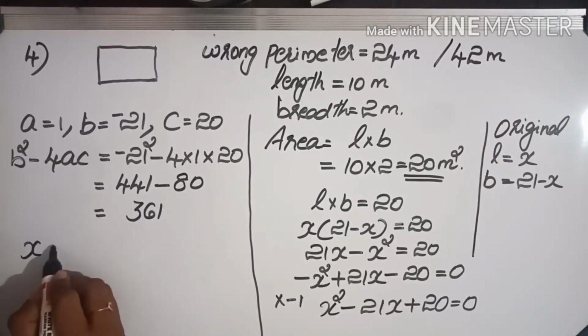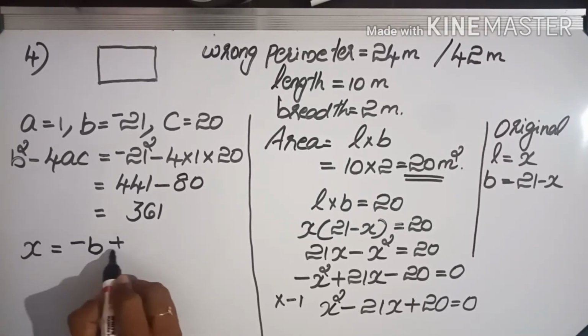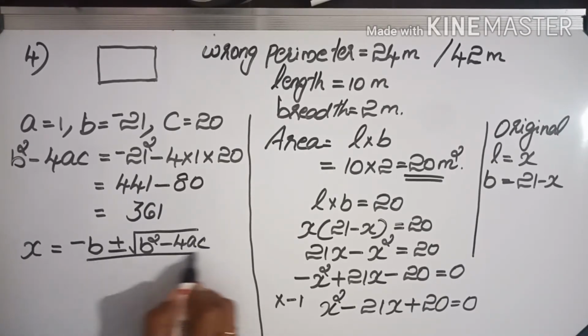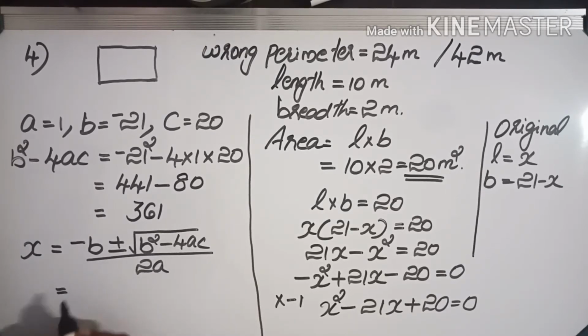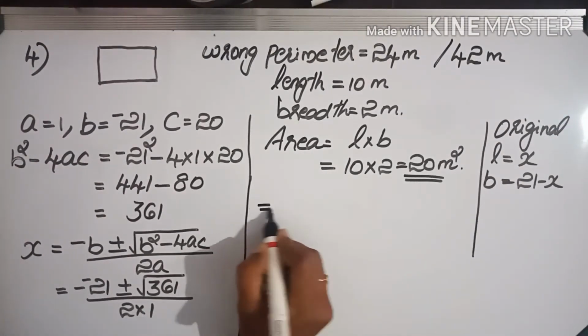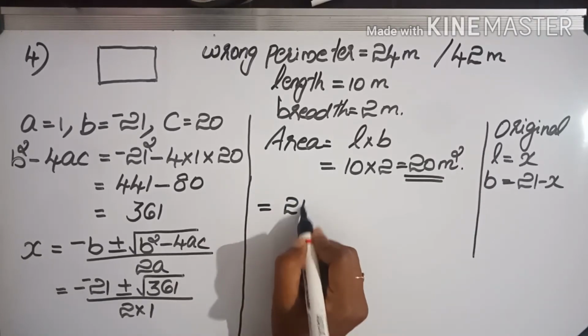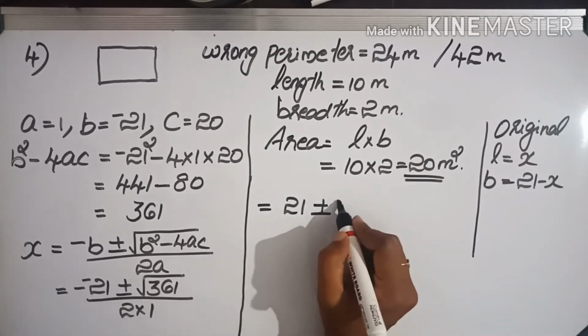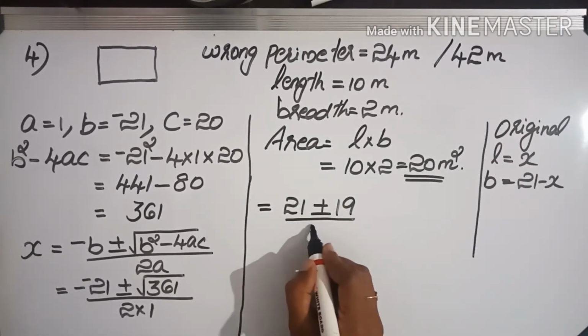Now let's write the equation. X is equal to minus b plus or minus root of b square minus 4ac whole divided by 2a. So here minus b, that is negative 21 plus or minus root of 361 whole divided by 2 into 1. That is equal to negative and negative positive, 21 plus or minus root of 361, root is 19, whole divided by 2.